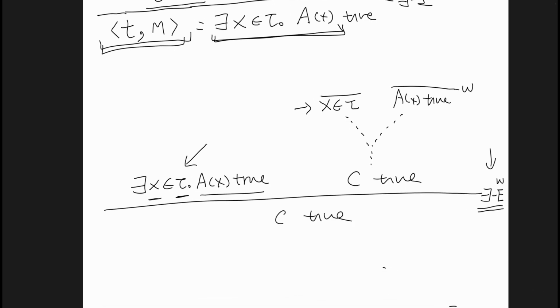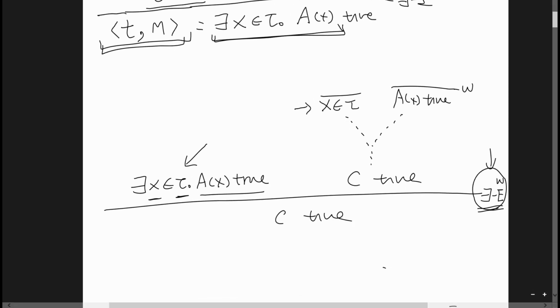And what about the existential elimination rule? Suppose that we have a proof term M of this type. So now this true keyword is gone. So we have now proof term M of this type. And here, this hypothesis is already annotated with this term variable.